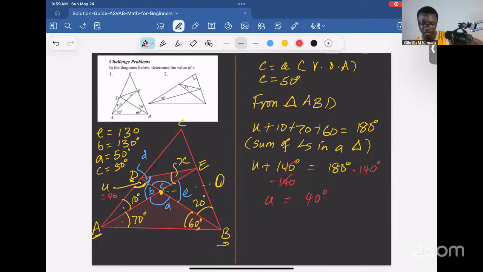So now, how do we get it? We've gotten the U. We have B. We have C. We have E. We need X. We also need D. If we can get D, then that forms a triangle, right? So 10 plus U plus D plus X gives you a triangle.